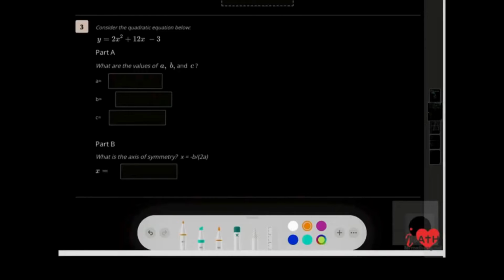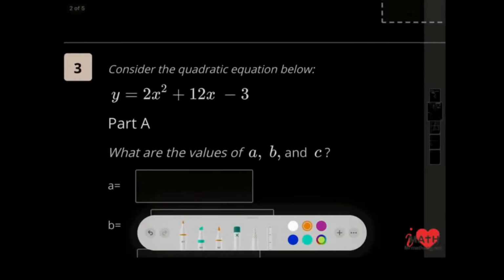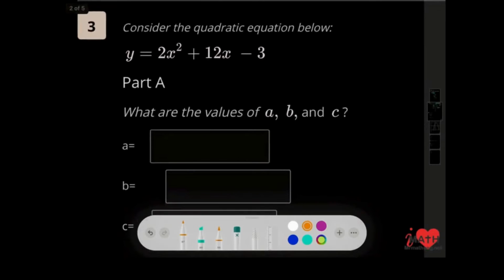Consider the quadratic equation y equals 2x squared plus 12x minus 3. Well, I look at my folder and I recognize no parentheses. So if it has no parentheses, this is standard form. And we were working on identifying the a's, b's, and c's for quite a bit of time, right? We've even done that back in factoring.